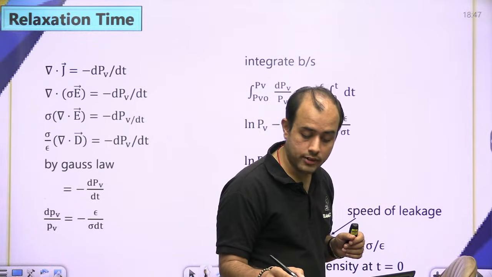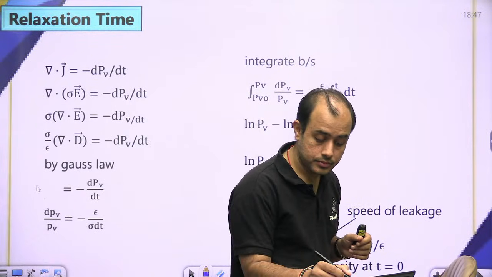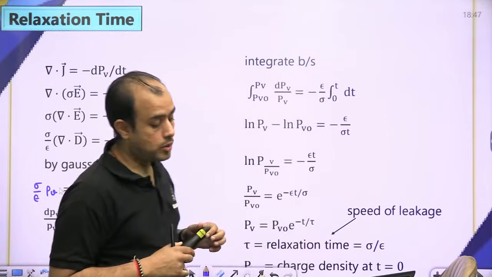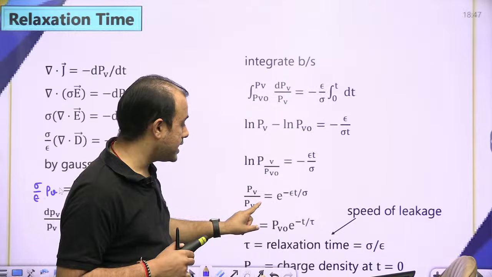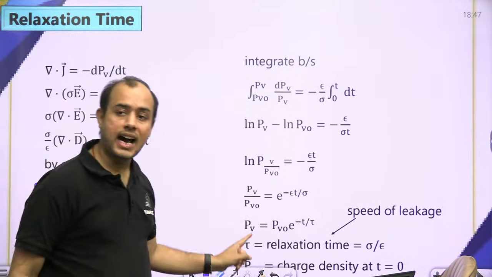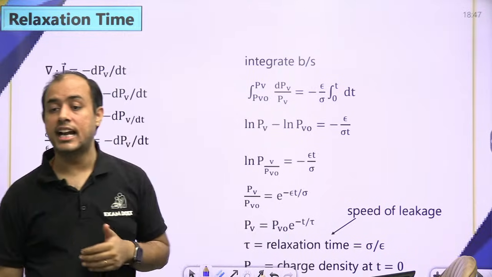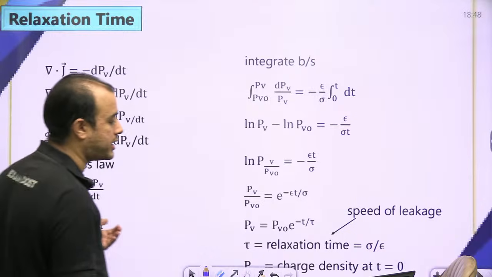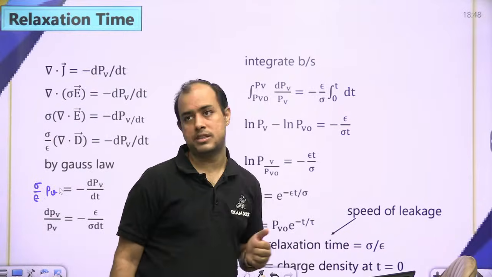Del dot D is rho v. So, beta, the formula for rho v comes out as rho v naught e to the power minus t by tau. Tau is known as the relaxation time. It tells you the rate at which the charge leaks from a body. It is epsilon by sigma.